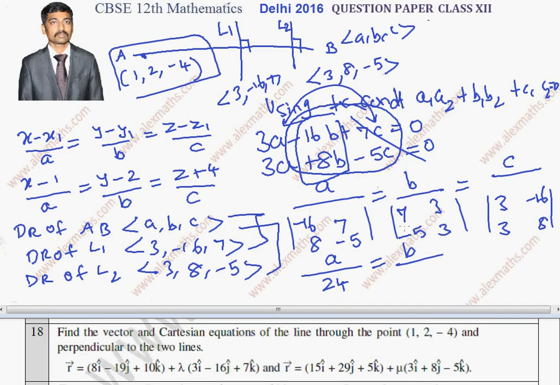Actually there is a minus sign here, so it is minus 5, so 21 plus 15, so 36, and c by 24 plus 48, so 72. This we can reduce by 12 table, so 2, 3 and 6. So these are the values of a, b and c that I can substitute here.